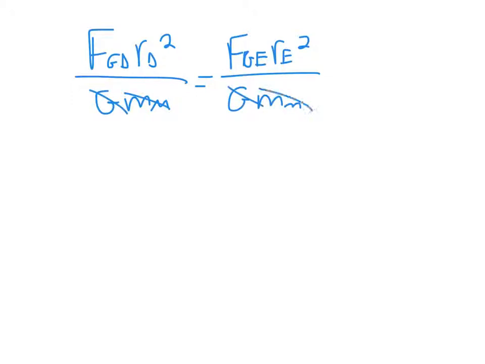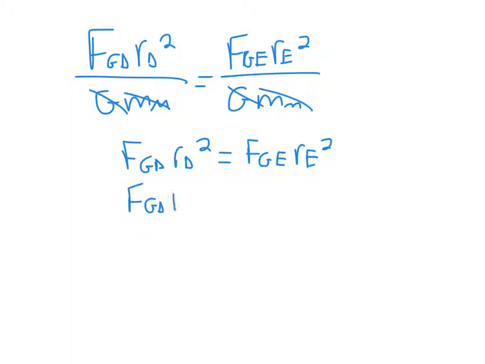These appear on both sides of the equation, so we're left with Fg for the Discover times the radius of the Discover squared equaling Fg for the Explorer times the radius of the Explorer squared. Looking for Fg of the Explorer, isolating that, we get FgD RD squared over RE squared equaling FgE.